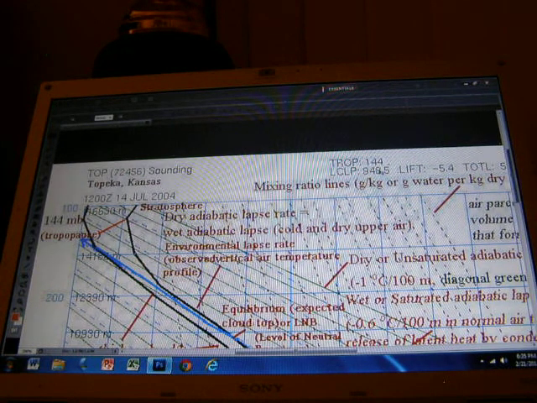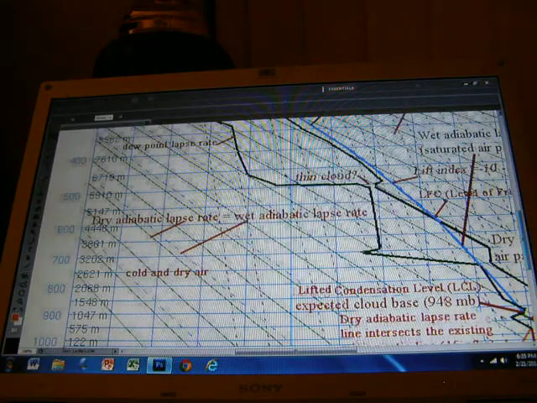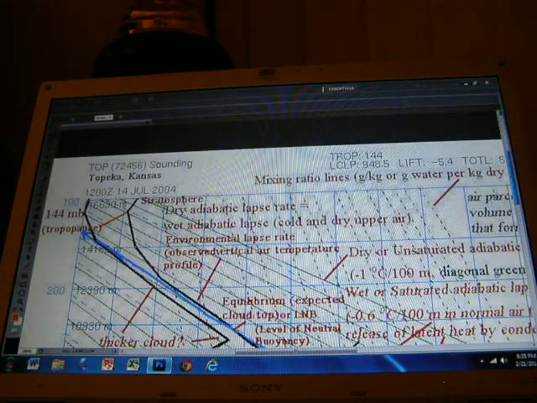And the tropopause, the top of the troposphere or the base of the stratosphere, is at 144 millibar height. Okay, and the lifting condensation level pressure is 948.5 millibar, which I show here as almost the same number. The difference is very small.